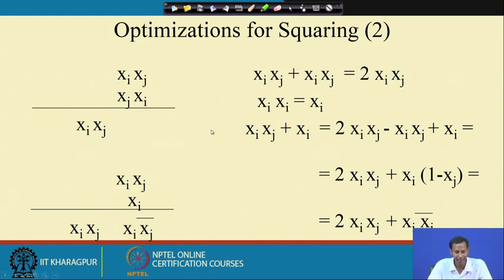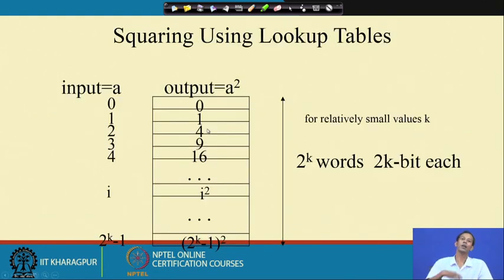Then there is another method of doing this squaring. This is the generic method for multiplication, which we have already followed for squaring. Another thing we can do is, as the number is fixed, that means the number is the same.